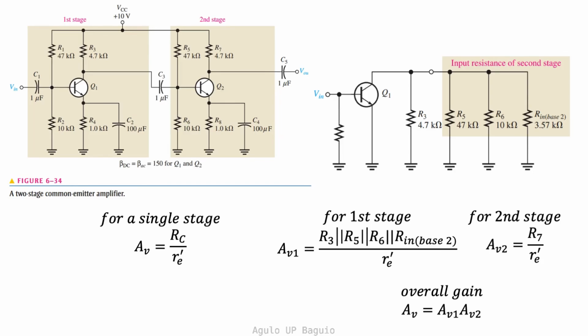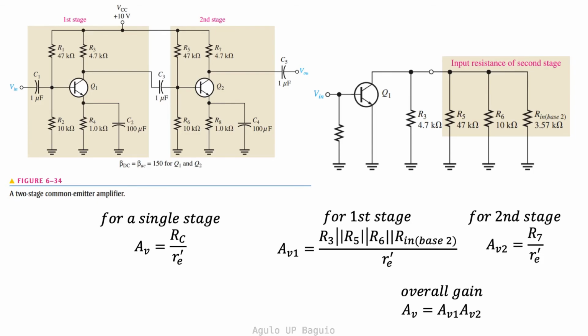If you recall, for a single-stage amplifier, the voltage gain is obtained from the ratio of the collector resistance to the AC emitter resistance as shown. In this case, RC is equal to R3. However, the AC signal at the collector terminal sees R5, R6, and the input base resistance of the second stage amplifier connected to ground.